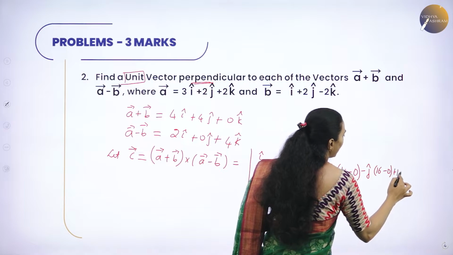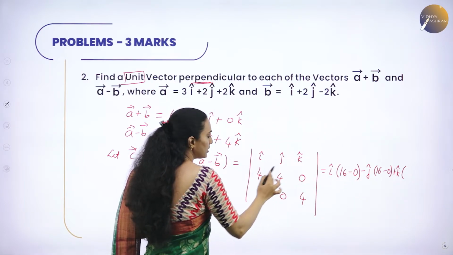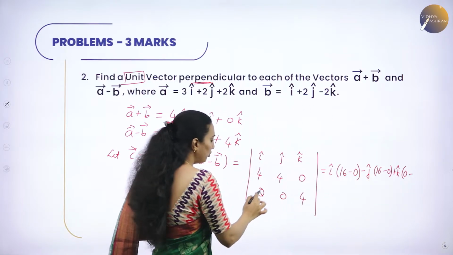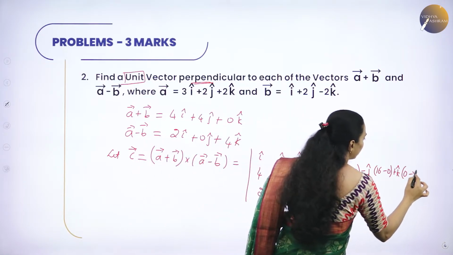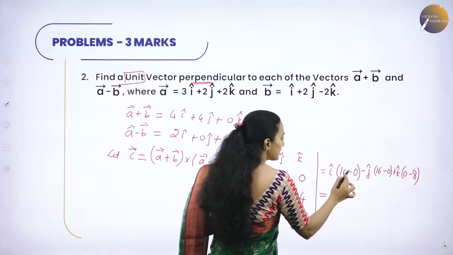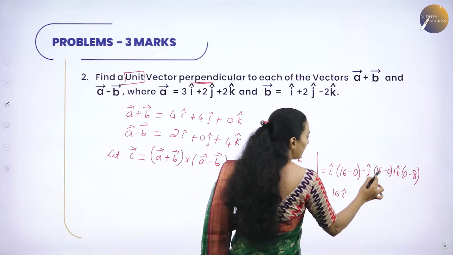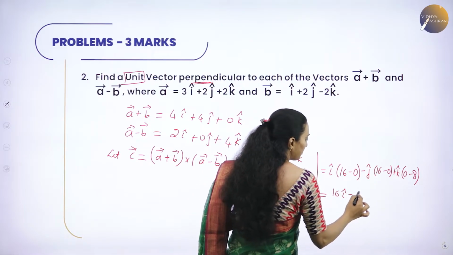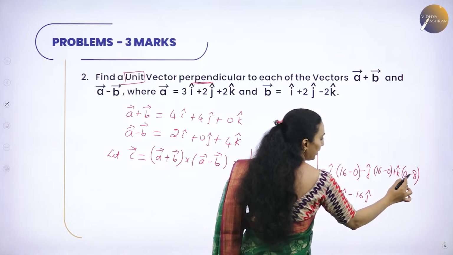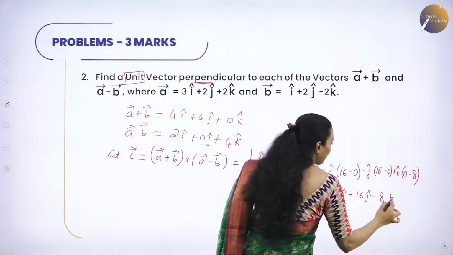Again, plus k cap into, leaving the third column, first row, 4 zeros are 0 minus 2 4s are 8. So, which implies you can have 16 minus 0 is 16 i cap. Minus into plus is minus 16 j cap. Again, 0 minus 8 is minus 8, minus 8k cap.